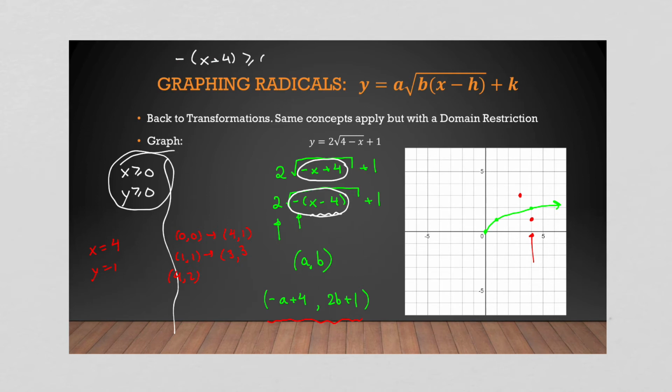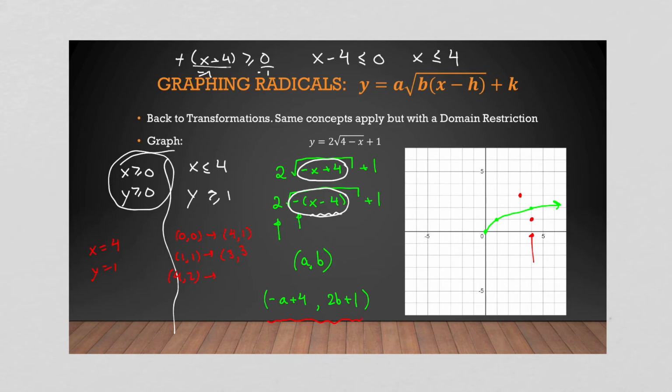Because remember, with inequalities, if we divide this side by -1 to cancel the negatives out, and we divide that side by -1, we have to flip our inequality symbol, which means x is now less than or equal to 4, not greater than. And our range is going to be greater than or equal to 1, because we vertically transformed up.